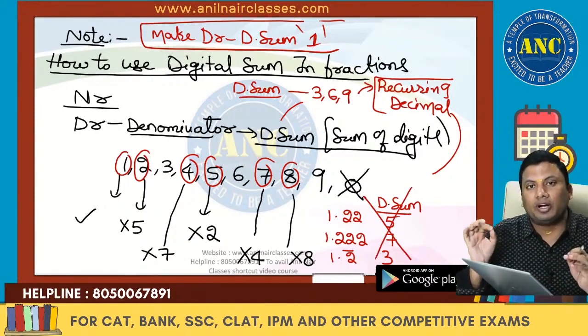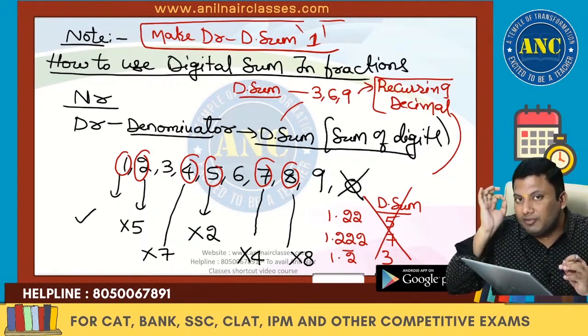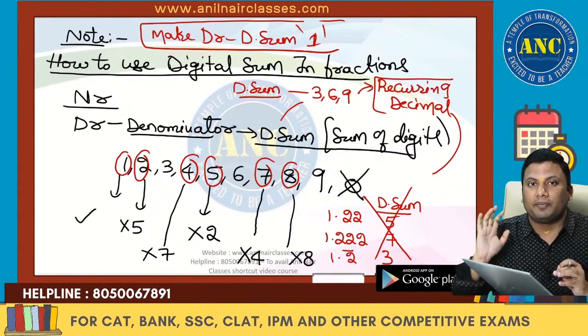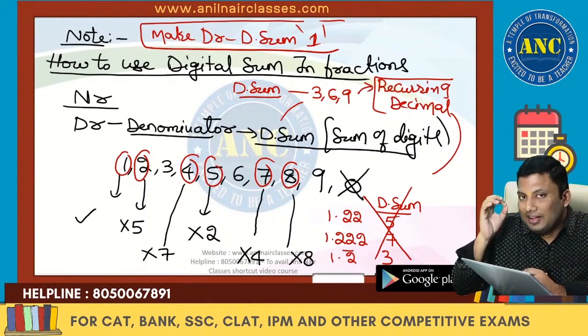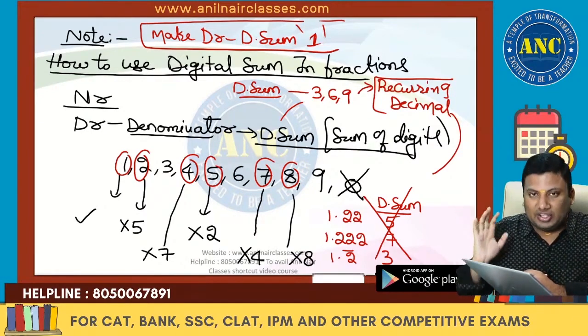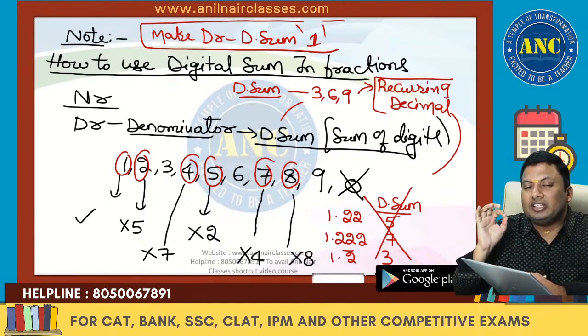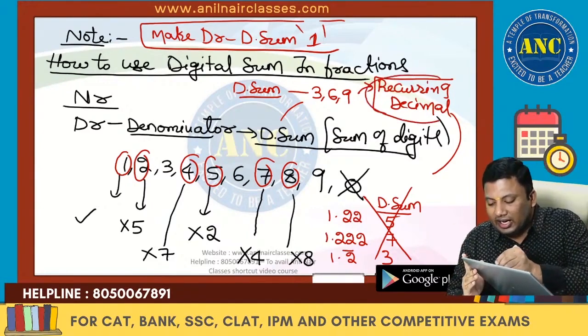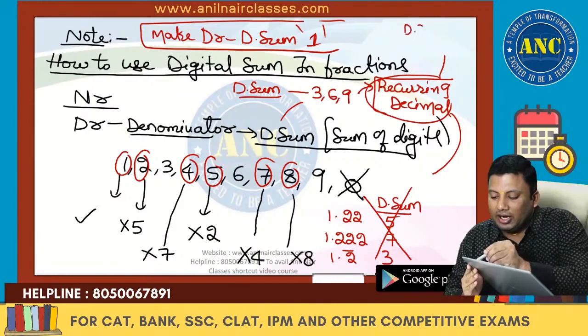Very, very important point. Digital sum will not work when the denominator digital sum is 3, 6 or 9 for fractions. If the denominator digital sum is 3, 6 or 9, it will result in recurring decimal. Recurring decimal digital sum is ineffective.